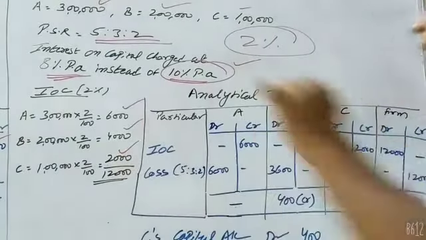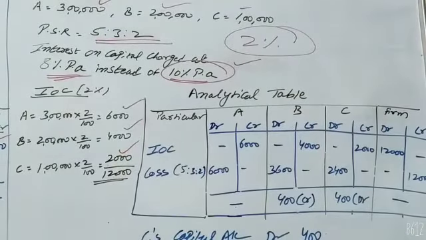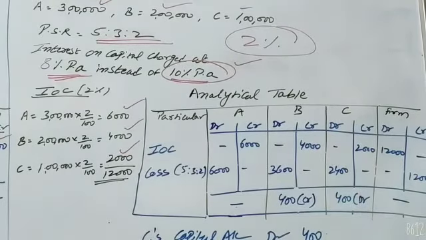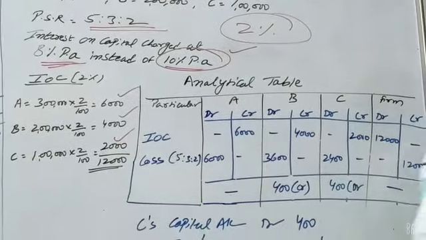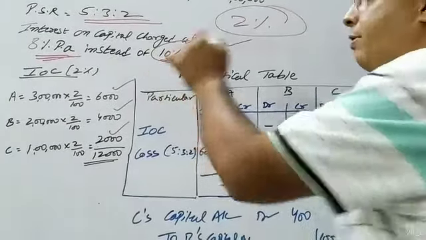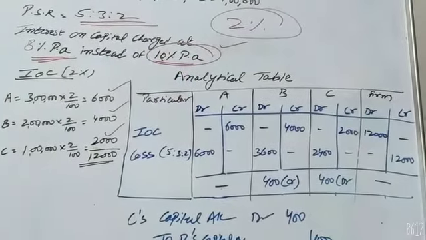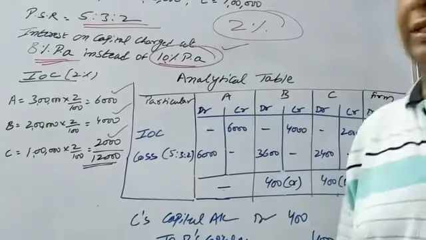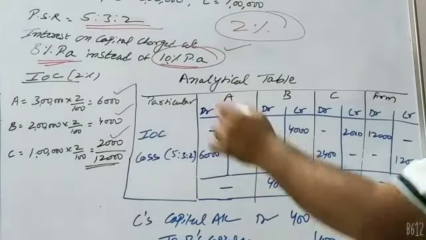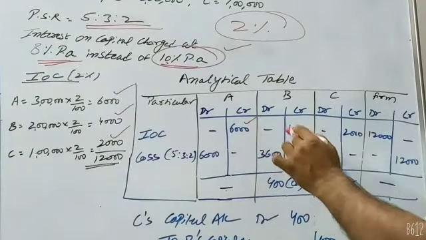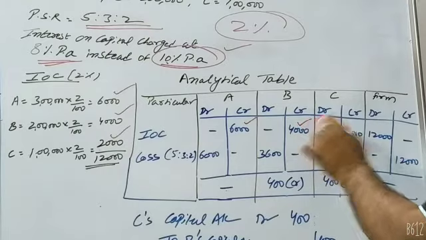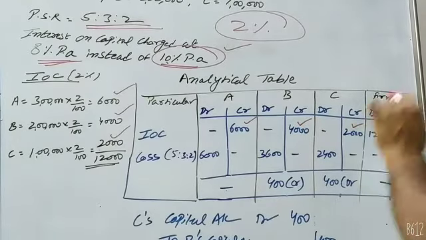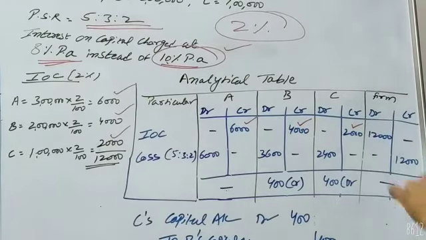Now let's prepare an analytical table. Now here interest on capital, as we have shown 2% less, so to make it 10%, we have to add 2%. So 2% will be credited to partners' capital account. So A's share will be 6,000 credit, B 4,000 credit, C 2,000 credit, and the firm will be debited by 12,000.